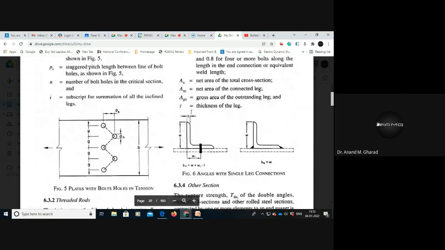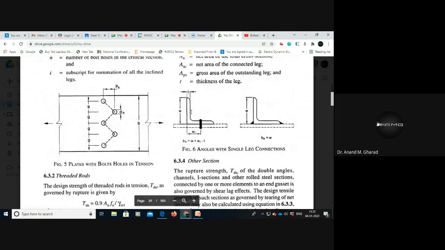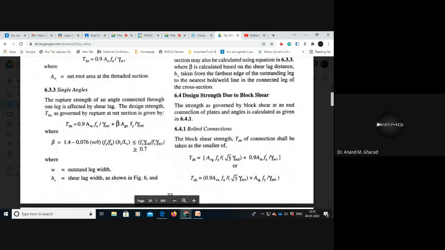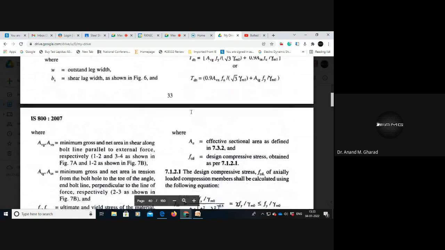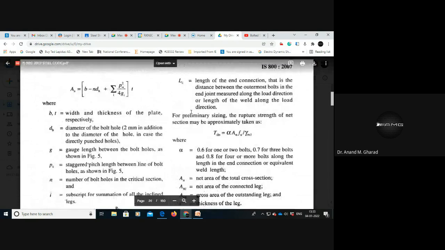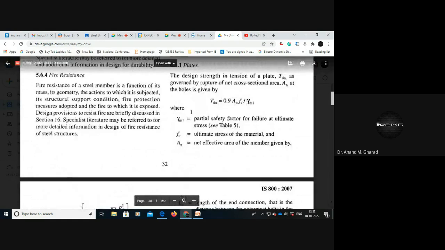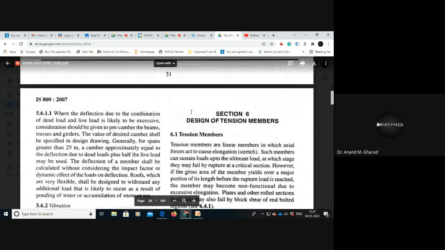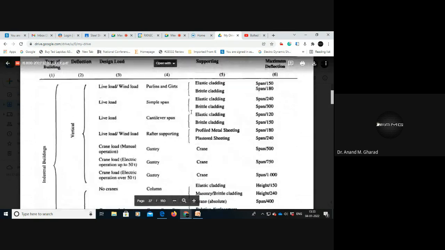Those will be helpful for us to design several components or elements. So I hope this is okay with you people. You are supposed to read this IS 800 2007 thoroughly. In case you find any kind of difficulty, we will discuss.